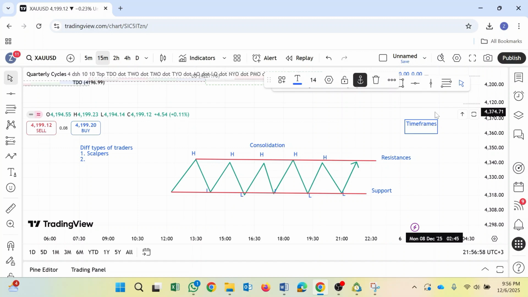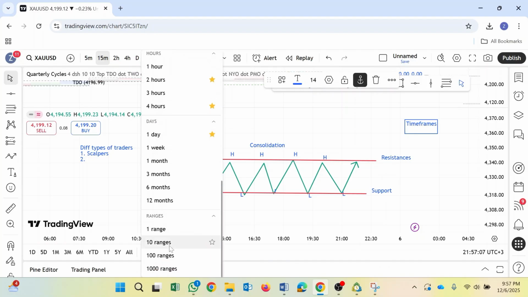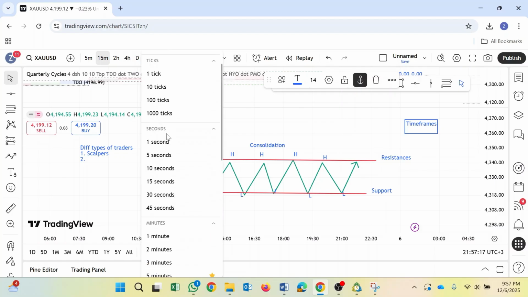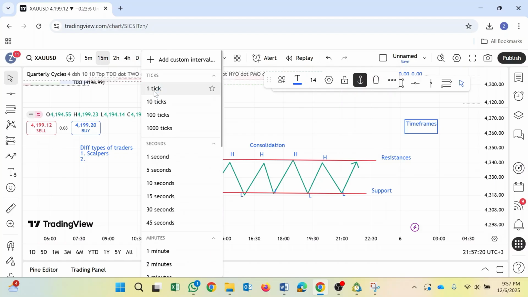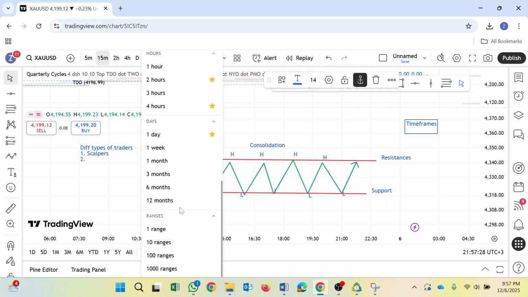They can range from even 1 year, 12 months, 6 months, 3 months, 1 month, 1 week, 1 day, 4 hours, 3 hours, 2 hours, 1 hour, and they can come all the way down to even one minute. When you are trading higher time frames, you will get very few entries, but very sure bets, kind of likely predictive moves.